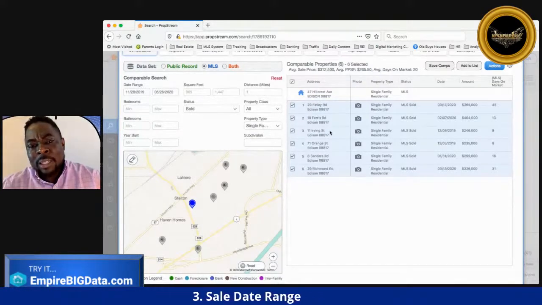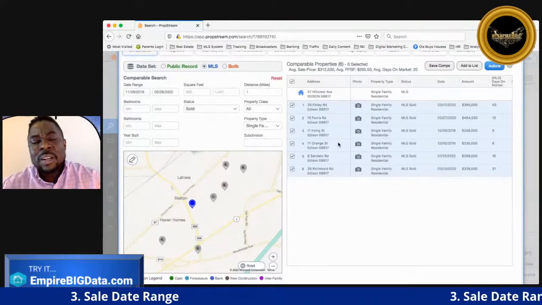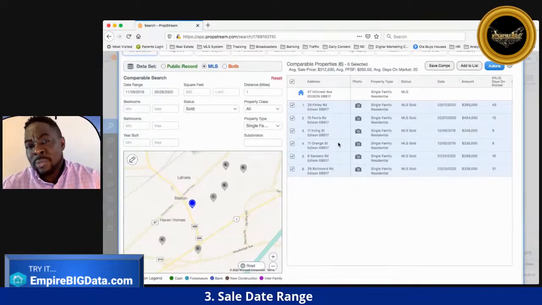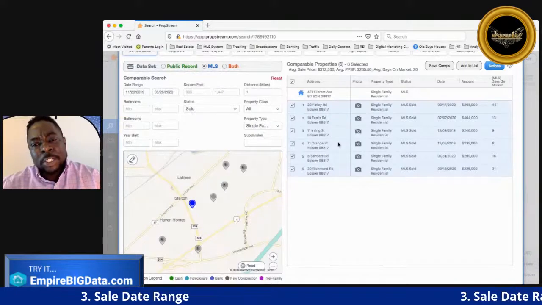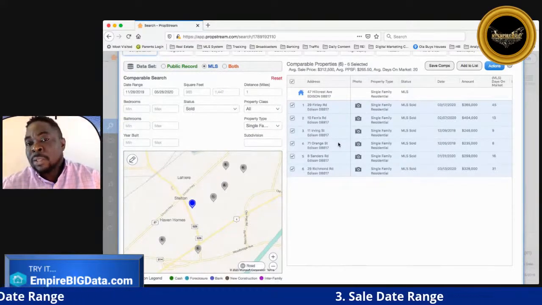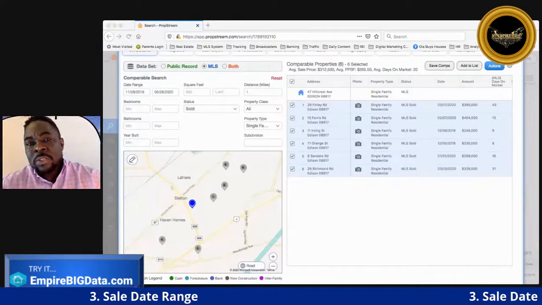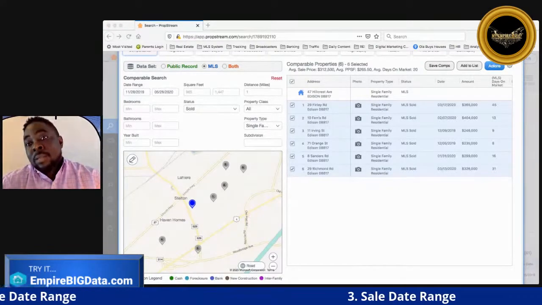If I have anything less than 5 here, then I've got a problem. That means properties are not moving within 1 mile radius of that property, and that's going to make it that much more difficult to sell the deal, because there are no sales in that area, which means there's no action.